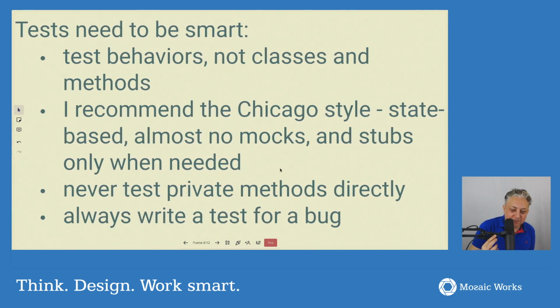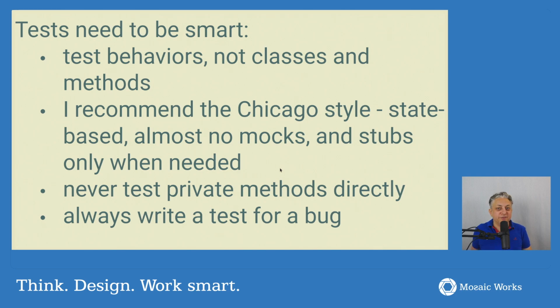So this relates to the final thing, which is tests need to be smart. Test behaviors, not classes and methods, we talked about. Never test private methods directly, and always write a test for a bug. If you find a bug, first thing, write a test that shows that the bug exists, then solve the bug, and the test should pass.